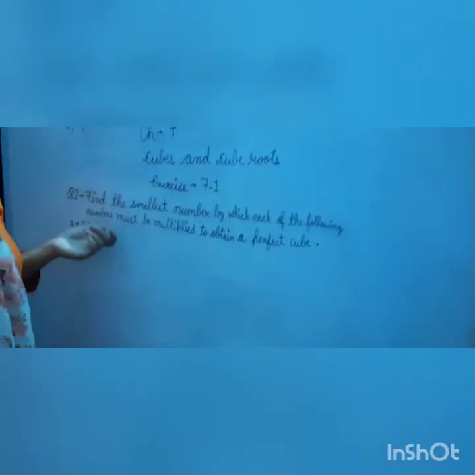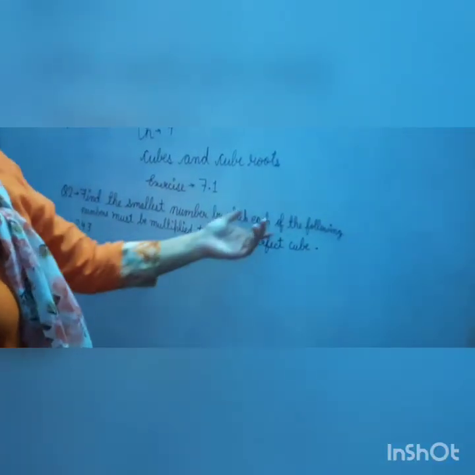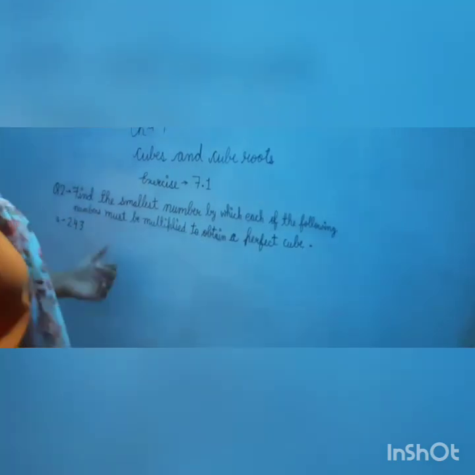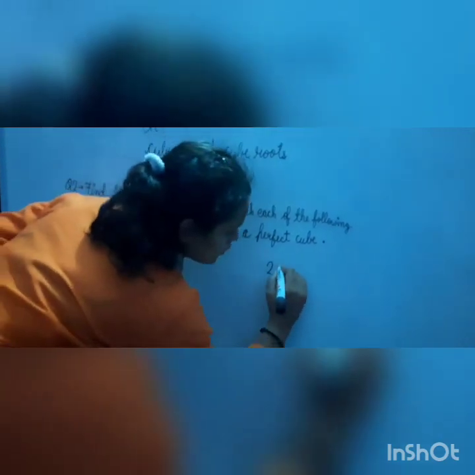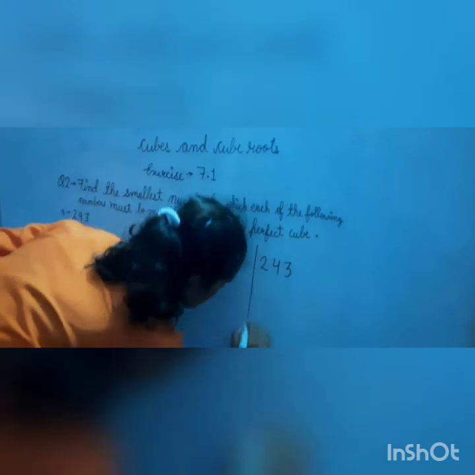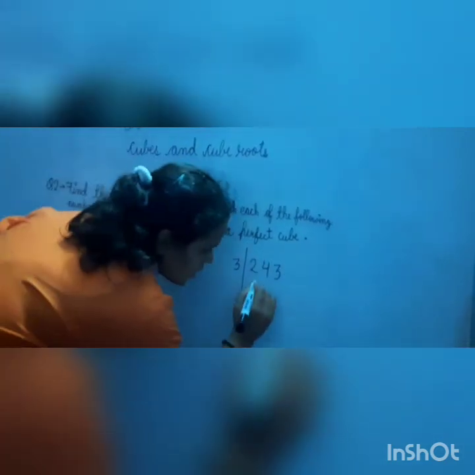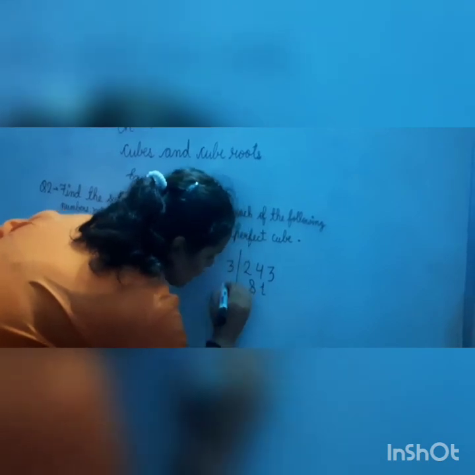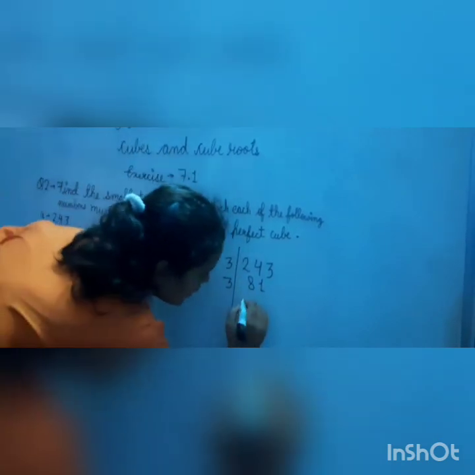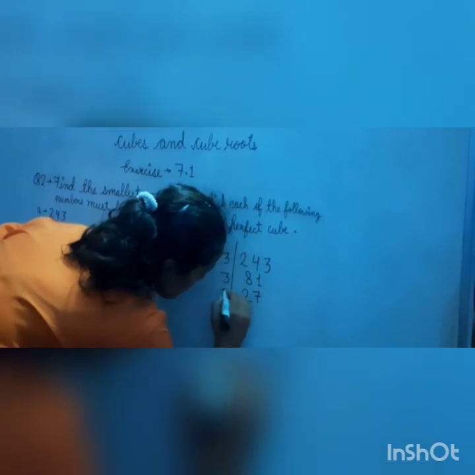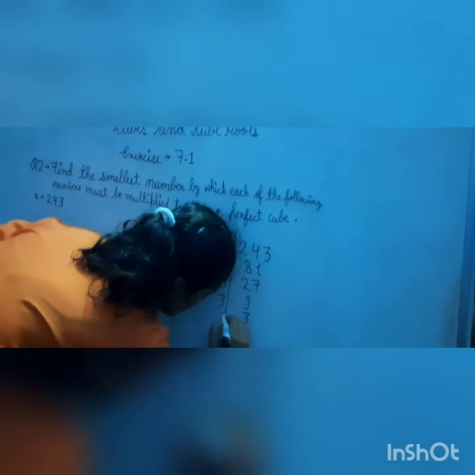Question second is: find the smallest number by which each of the following numbers must be multiplied to obtain a perfect cube. Okay, you have the number 243. You have to solve it by the prime factorization method. Okay, you will divide it by 3 because 2 cannot divide this number. It will come 81. Again you have to divide by 3. It will come 27. Again by 3 it will come 9. Again by 3 it will come 3 and again 3 it will come 1.